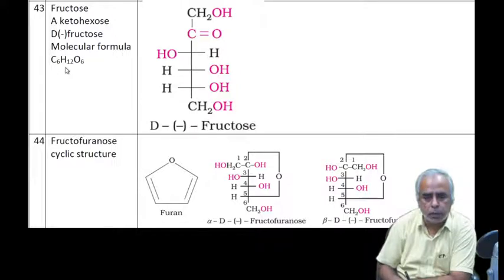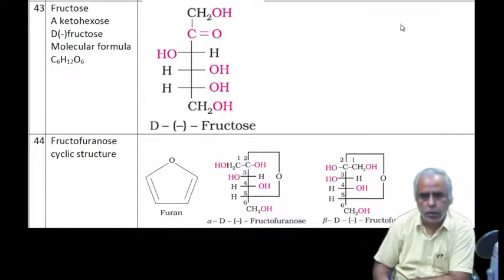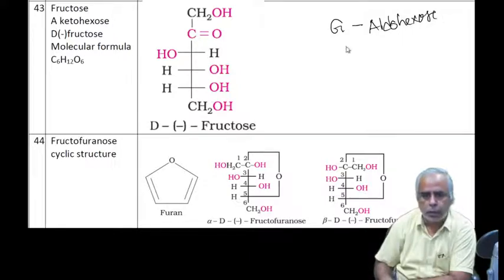Its molecular formula is isomeric with glucose. Both of them, that is glucose and fructose, are isomers, but glucose is an aldohexose. Take down, it is aldohexose, whereas fructose is a ketohexose.